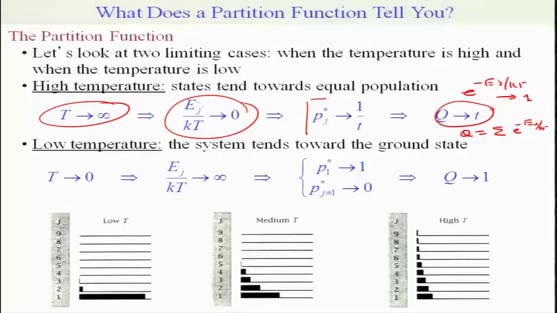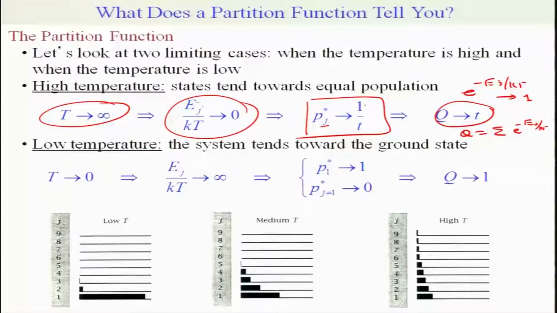In that case the probability of accessing a state j will be simply 1 by t. That means all the states will be equally populated, that is the idea from here.